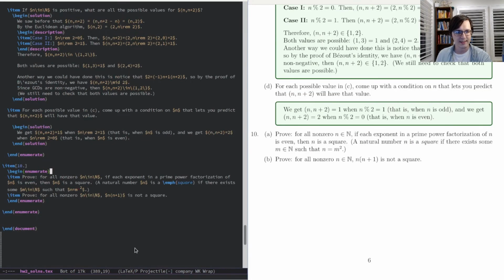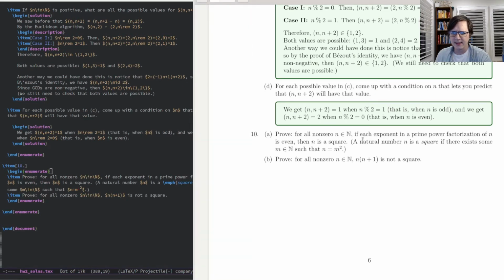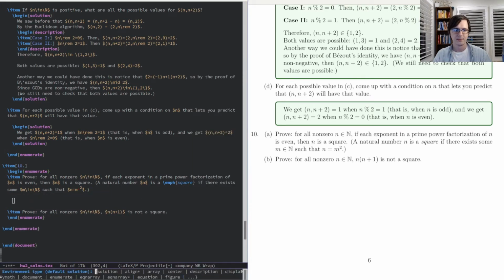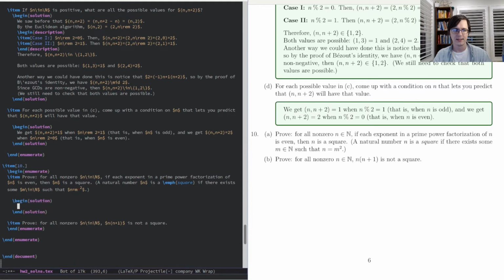Okay, 10. For all non-zero n, if each exponent in a prime power factorization of n is even, then n is a square. Okay. So to set this up, we need a prime power factorization. So this is mostly a notationally challenging problem.